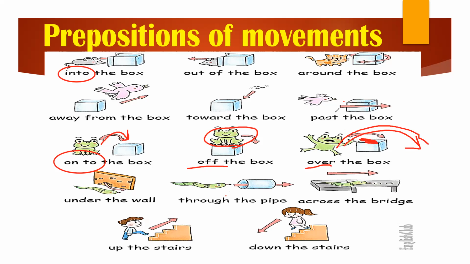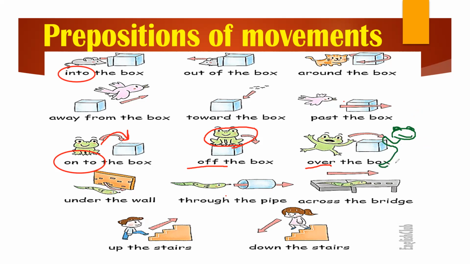Past is exactly the same, but you just pass beside it, not over it, not on top of it. So over the box, the frog jumped over the box, and after it jumped, of course, it's going to be on the other side of that. Here is the frog on the other side of the box. Imagine that's a frog.